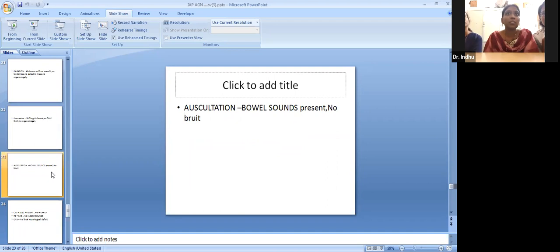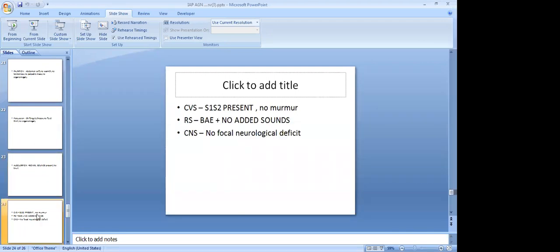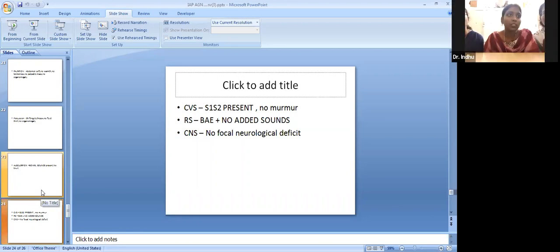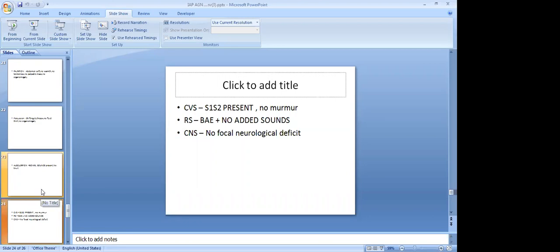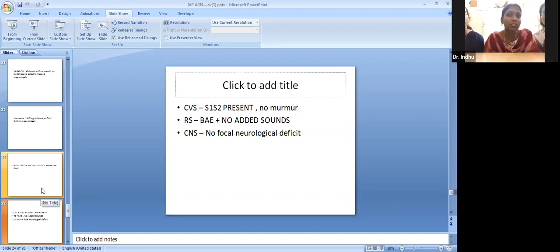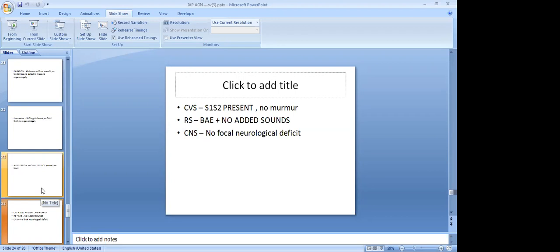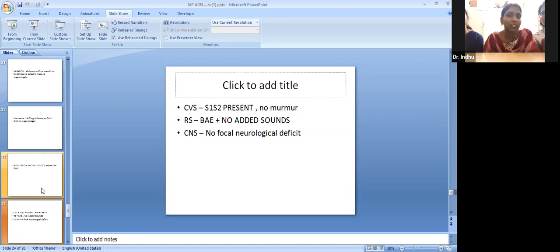Auscultation: bowel sounds present, no fluid. Where did you look for bruit? Where in the abdomen? And what bruit are you interested in? Abdominal aneurysm, aortic aneurysm. So aortic aneurysm, where will the bruit be heard? Umbilicus.